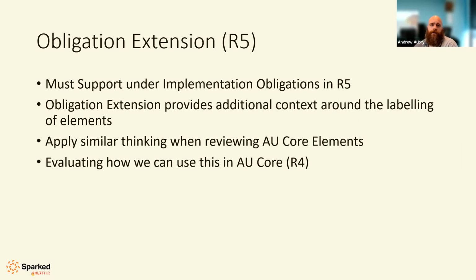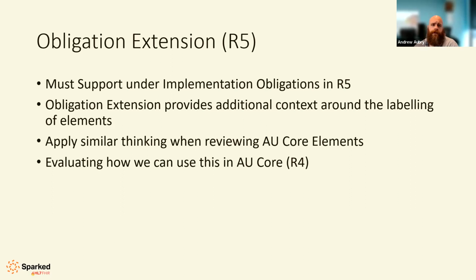This allows implementation guide writers to more structurally define the obligations between actors that are defined in the implementation guide. So it has better support to say, you know what, this is a must support for a responder, but this may not be a must support for a requester or vice versa.